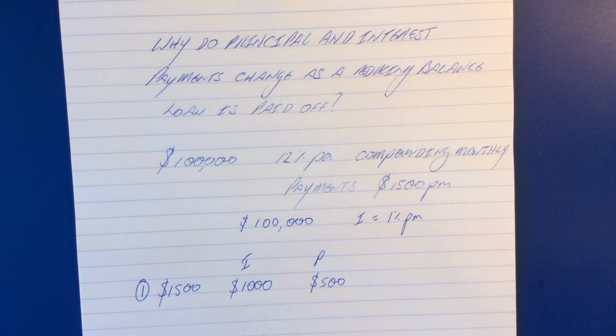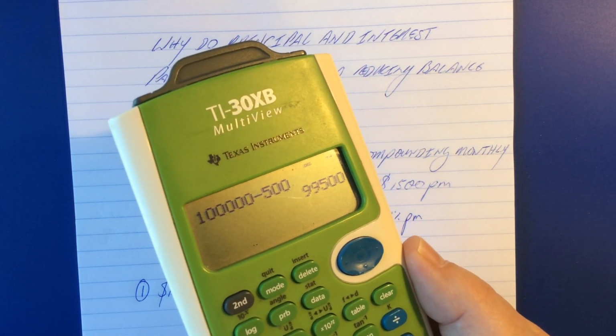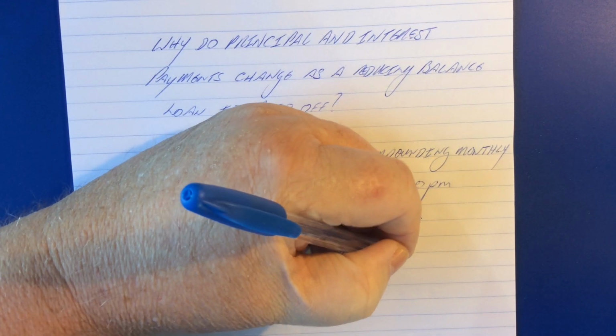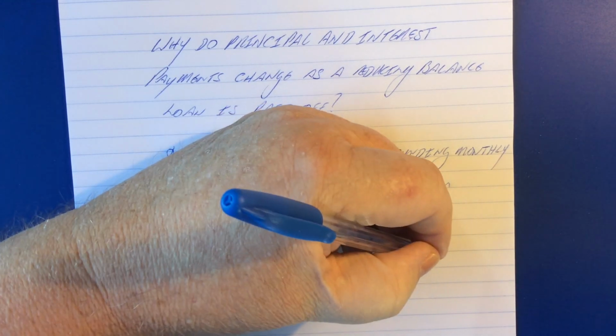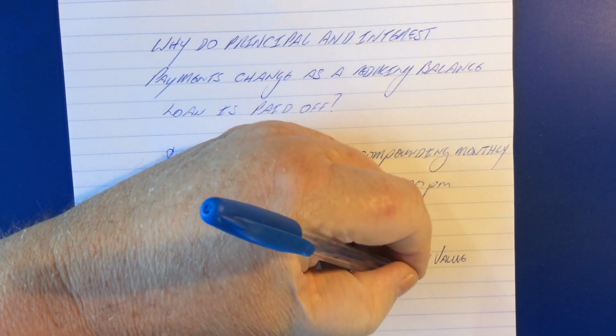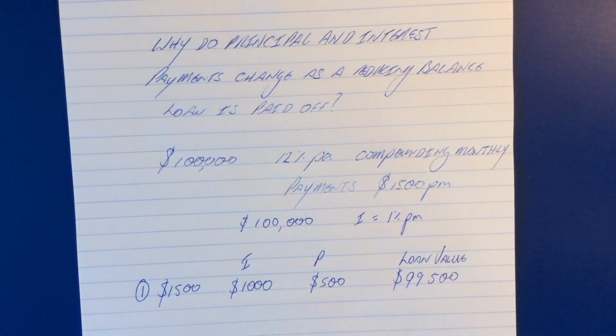Okay, so let's do that. So $100,000 minus 500. There you are, 99,500. So the loan value is now $99,500.